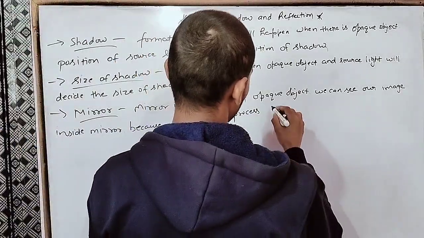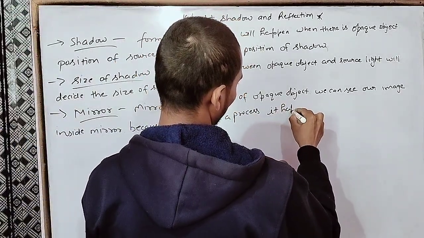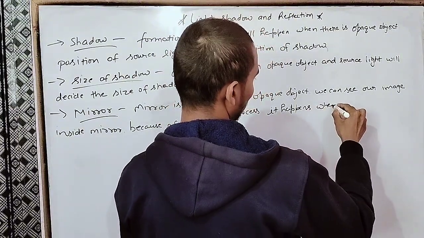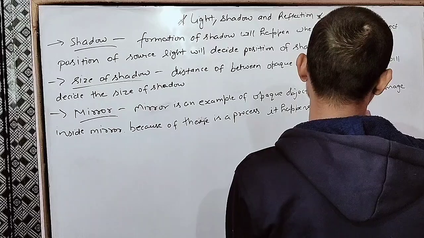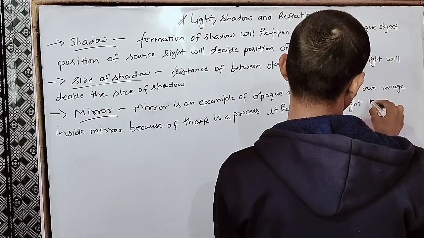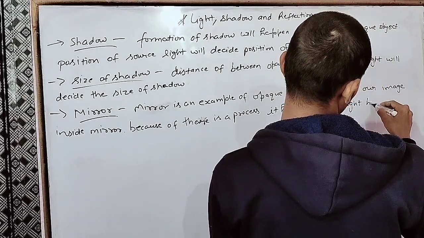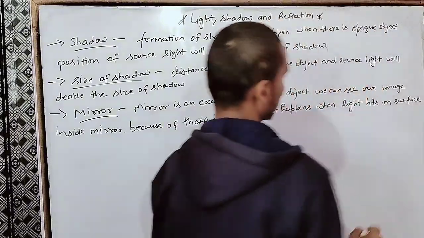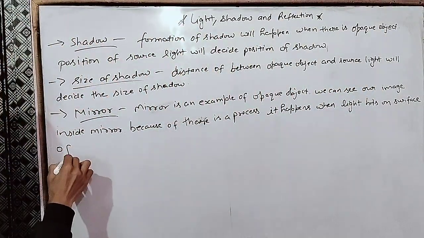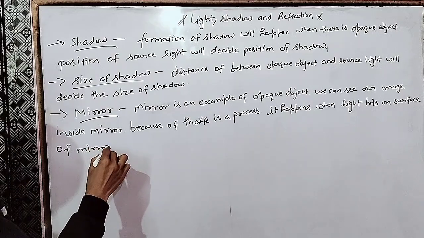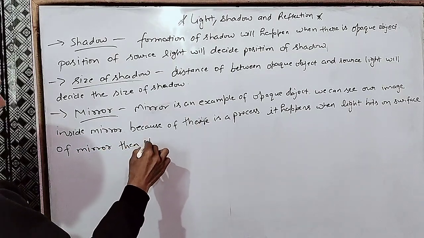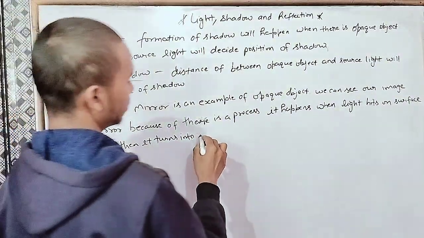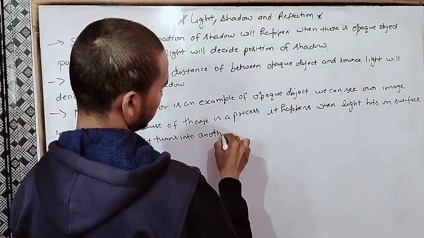It happens when light hits the surface of a mirror, then it turns into another direction.